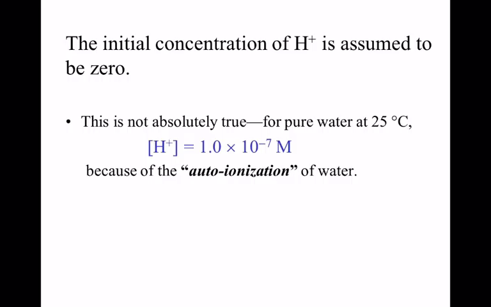So here's my slide to say, is this a valid assumption? If we were to assume it has the quantity that you get with autoionization, ballpark of 1 times 10 to the minus 7th, actually that's not going to change our answer because of magnitude. That's 3 magnitudes smaller than our change.